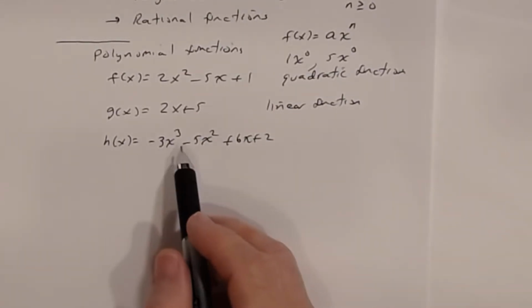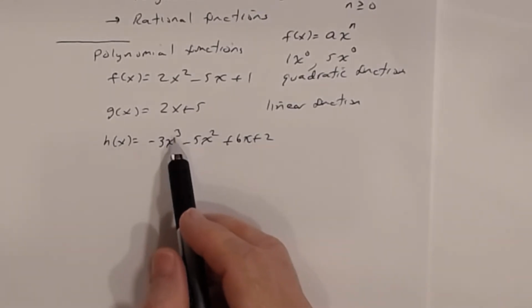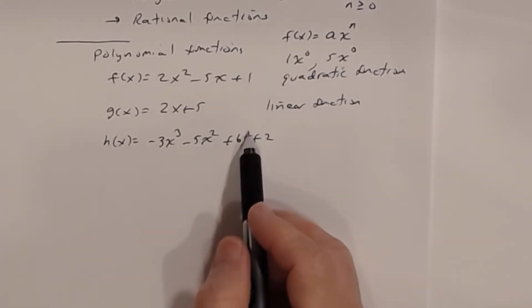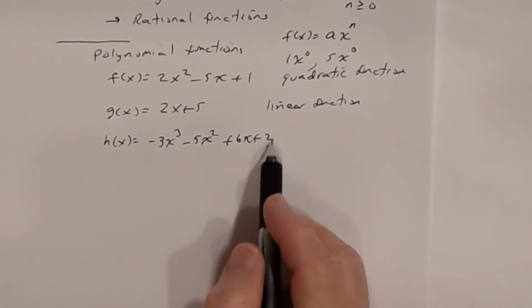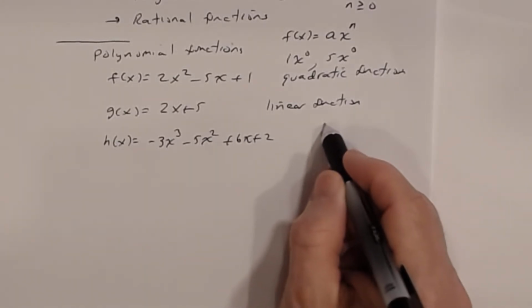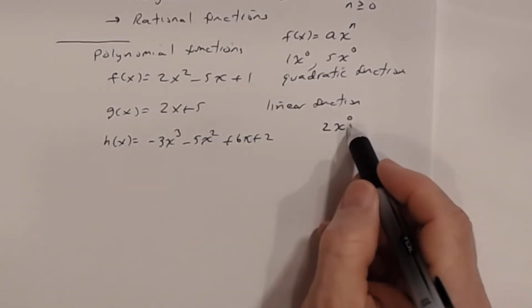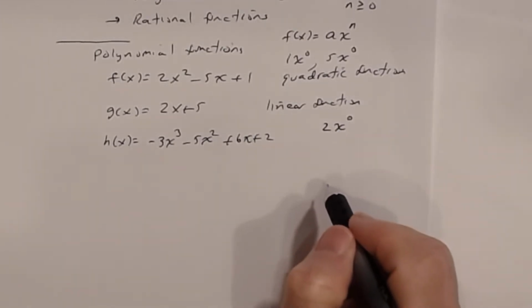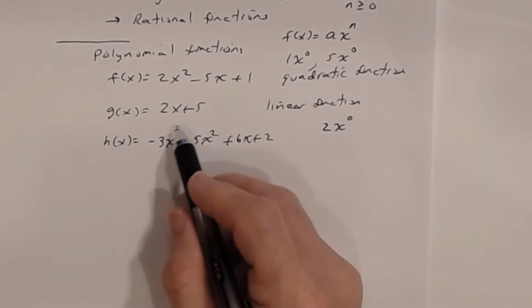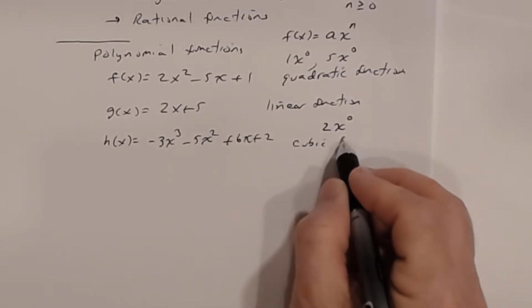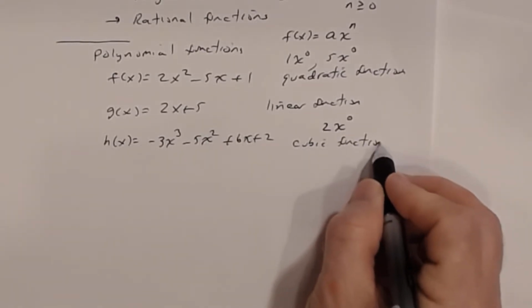What makes it a polynomial function is that the exponents of the variables are 3, a positive integer, 2, a positive integer, x to the first, so 1 is a positive integer, and 2, which I can write as 2 times x to the 0 power, so that exponent is 0. Since the largest exponent is 3, that's called a cubic function.